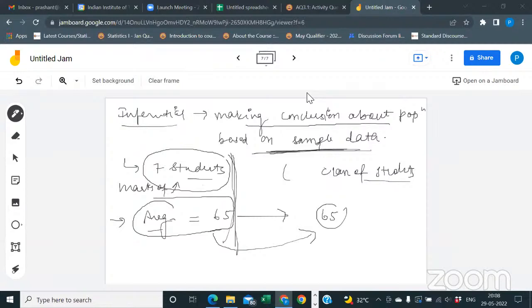If I do any calculation on that, like the mean, then that will come under descriptive statistics, right?